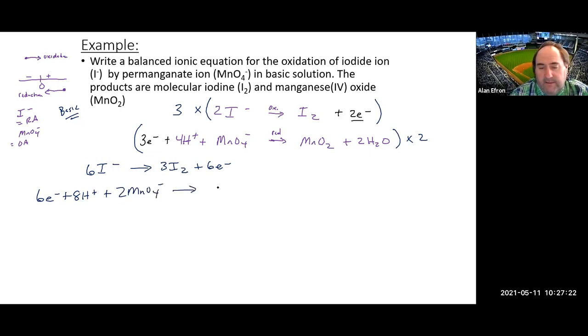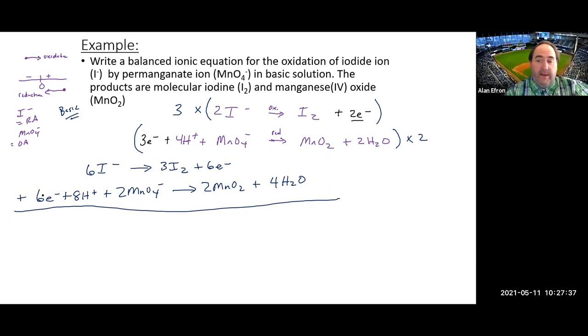Gives me 2 of that plus 4 of that there. At this point, we can now add this back together. Remembering what the goal is when we're ready to add them together, the electrons should cancel out completely, which they do.